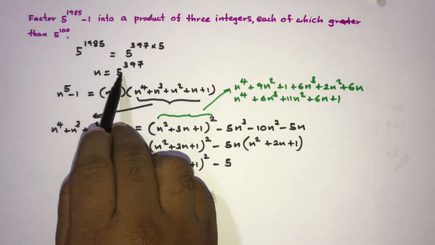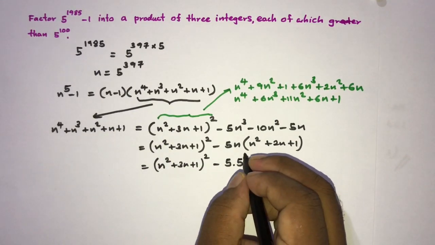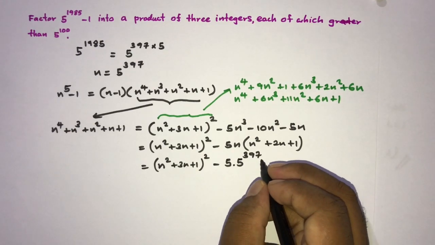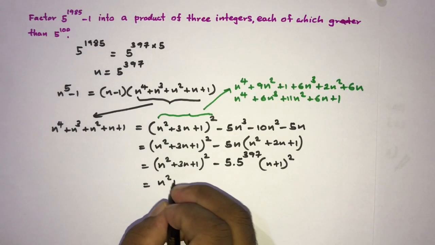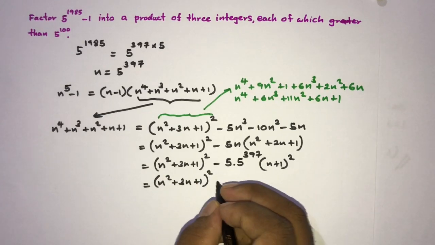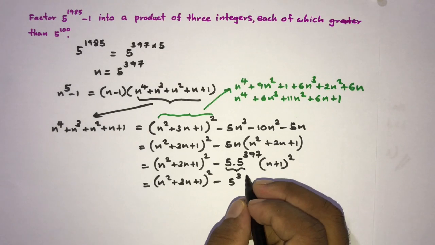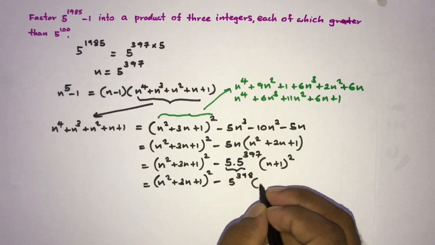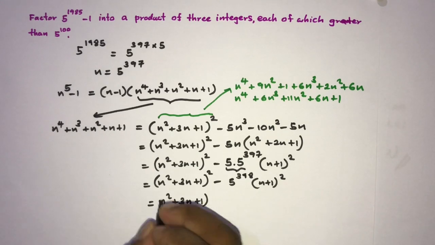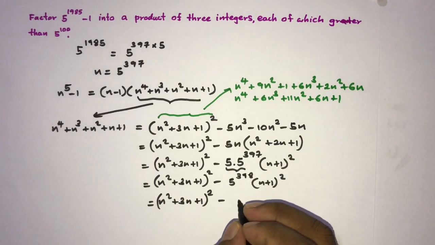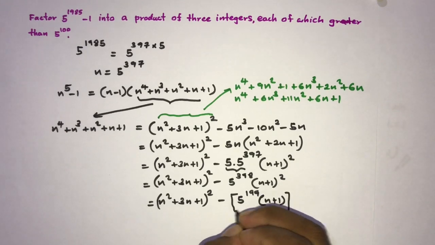Now we know n is equal to 5 raised to the 397, so instead of n, I am going to write 5 raised to the 397 here. Now here we can simplify: n square plus 3 times n plus 1 squared minus 5 raised to the 398 times n plus 1 squared, then n square plus 3 times n plus 1 squared minus, now here we can write, 5 raised to the 199 times n plus 1, whole squared.